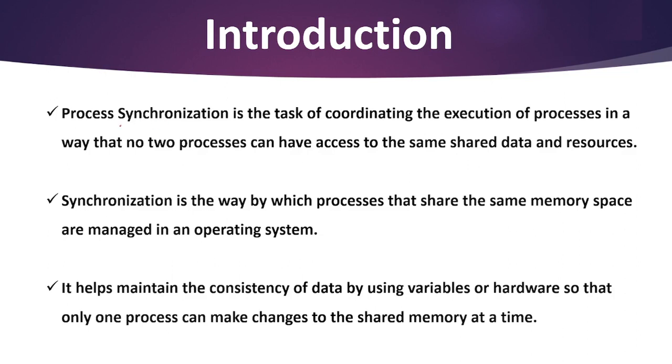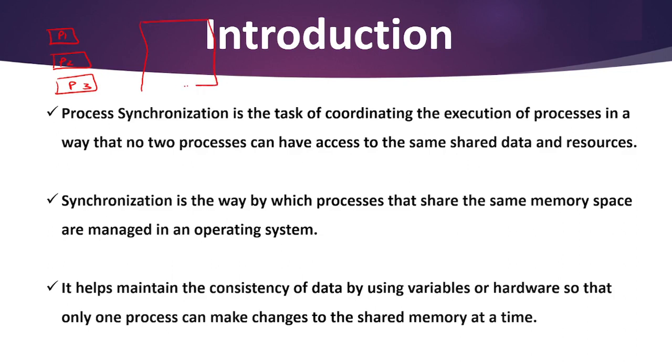So as you can see here, process synchronization, or simply known as synchronization, is a task of coordinating the execution of processes in a way that no two processes can have access to the same shared data and resources. In simple terms, synchronization is the way by which processes, let's say we have three processes here, P1, P2 and P3, that share the same memory space.